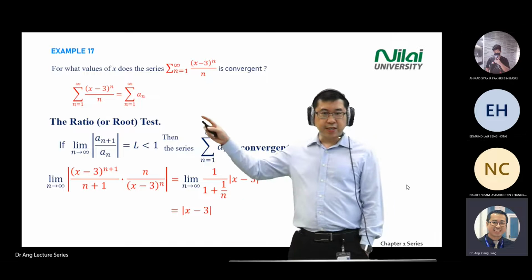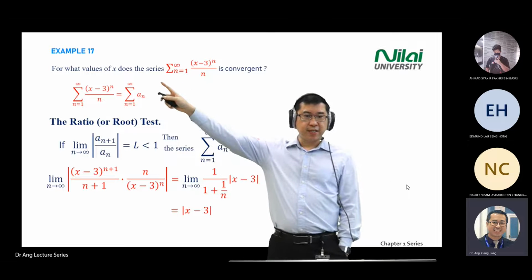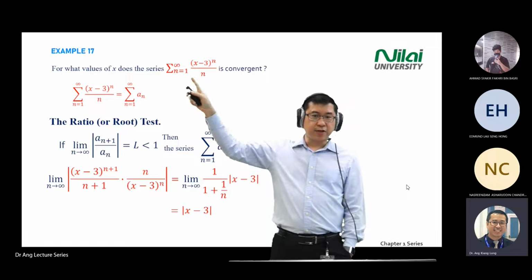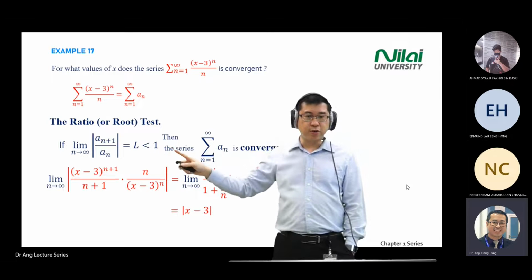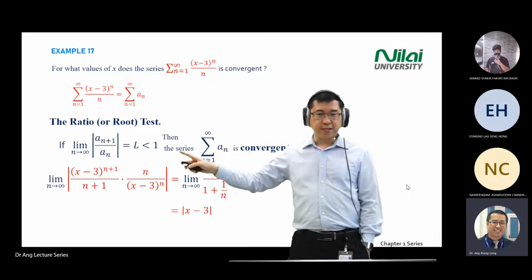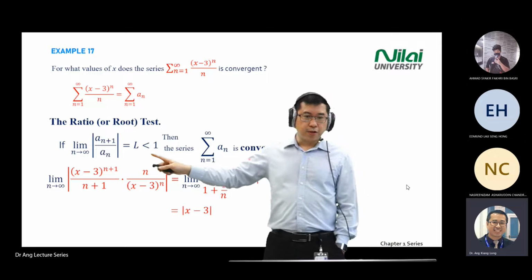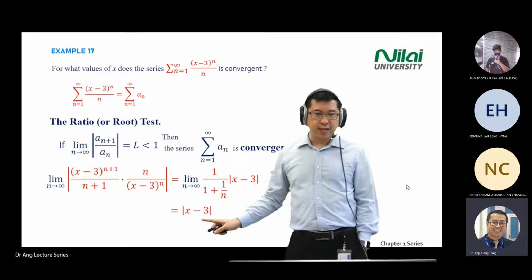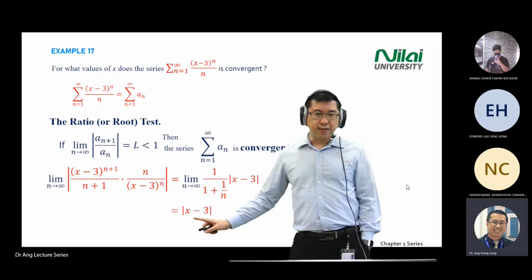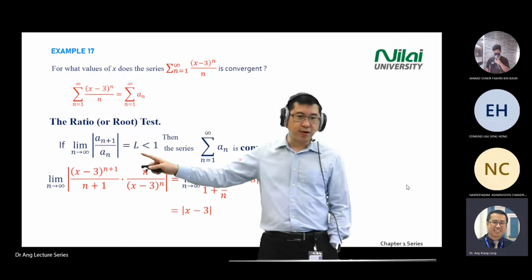Okay, so he asks you the value of x inside this equation so that it converges. You look at the root test that you copied from the slide just now. Your final answer must be less than 1, meaning that this whole thing, the goalpost x minus 3, must be less than 1.